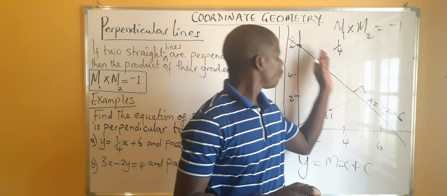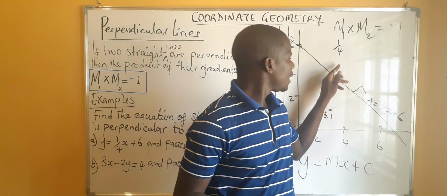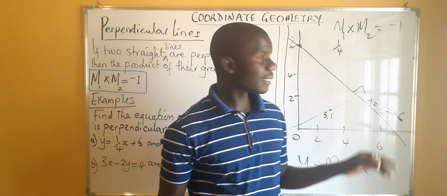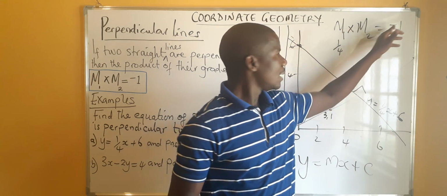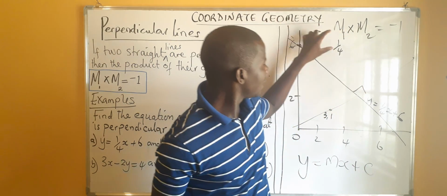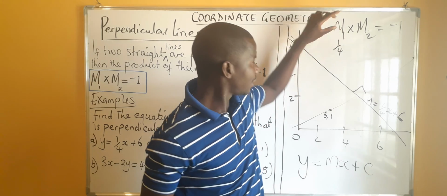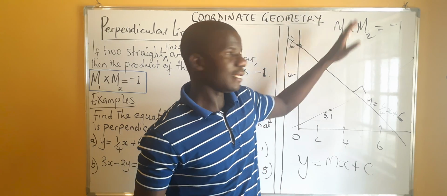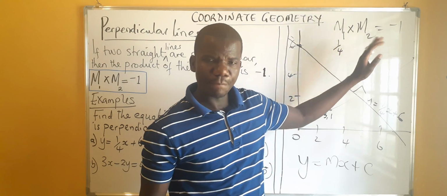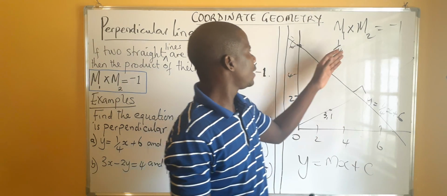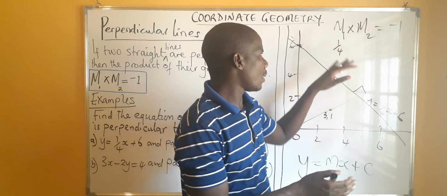Now the gradient of the line that is perpendicular to this one, the two should give us -1. I am emphasizing, if this is positive, the other one should be negative. But it will be the reciprocal of this one.